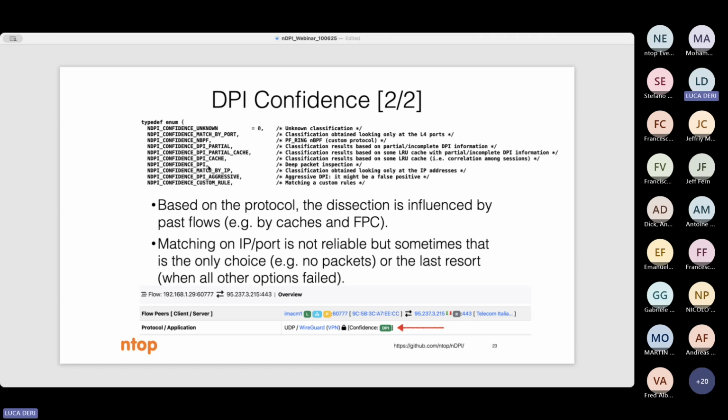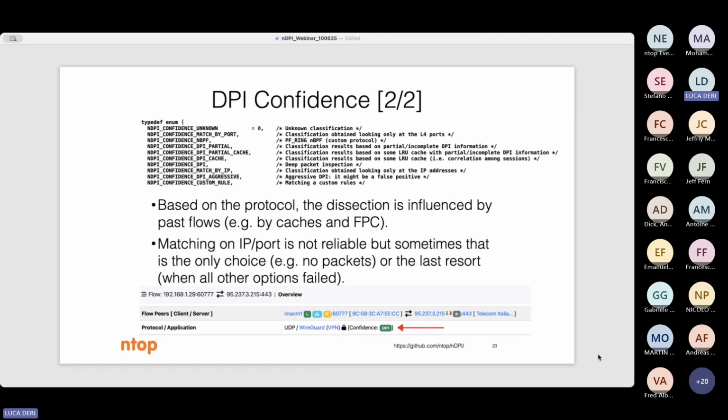Instead, if we use first packet classification, or if you use a cache to report that, or if you use the IP address to classify a certain flow, it might be that the confidence is not that high. So when you look at this picture, when you have the protocol, you will always have to look at the confidence.